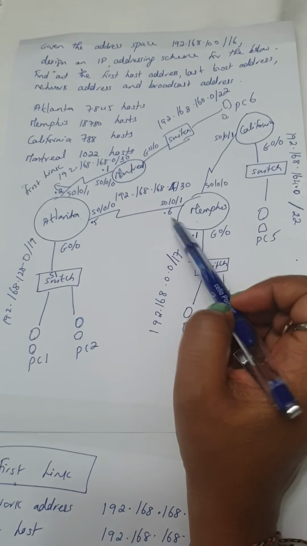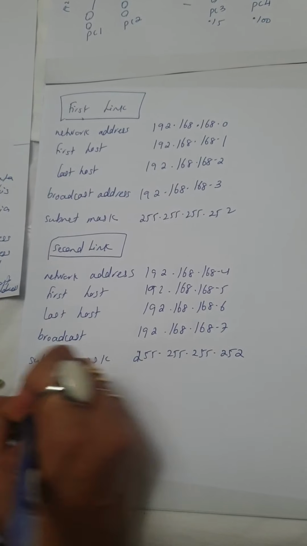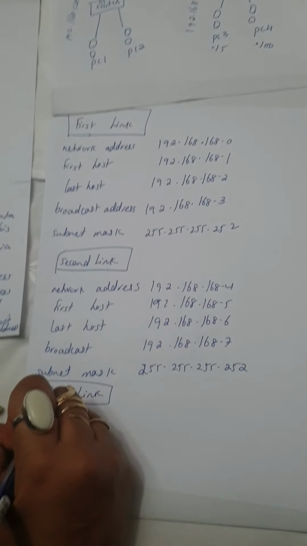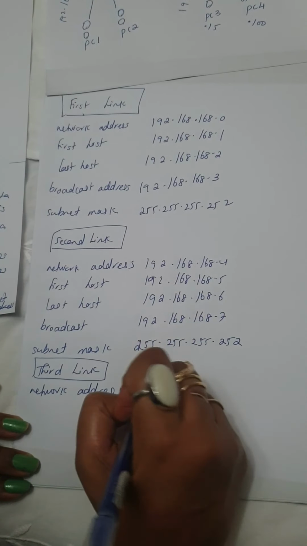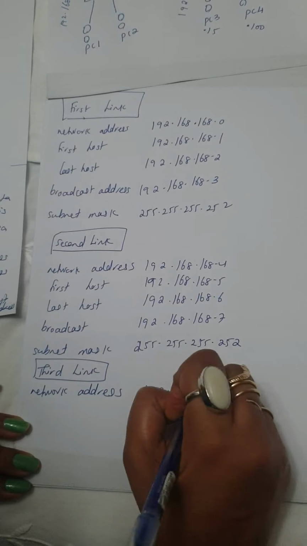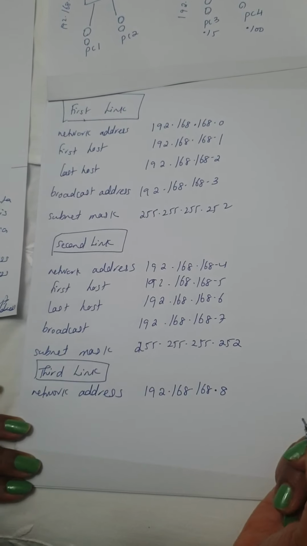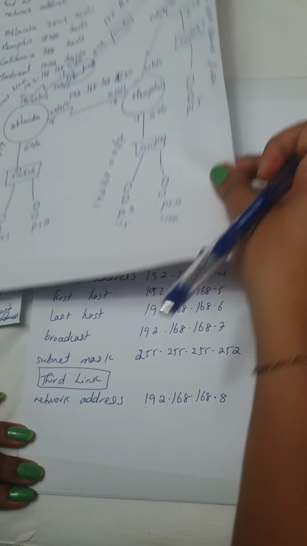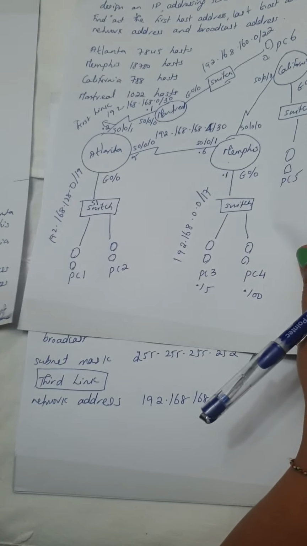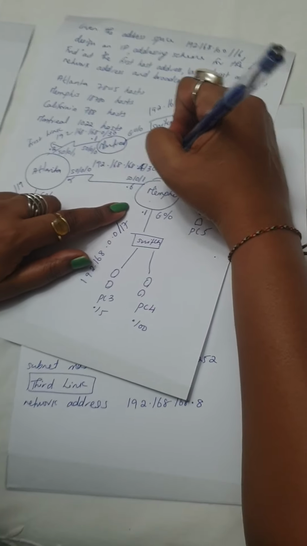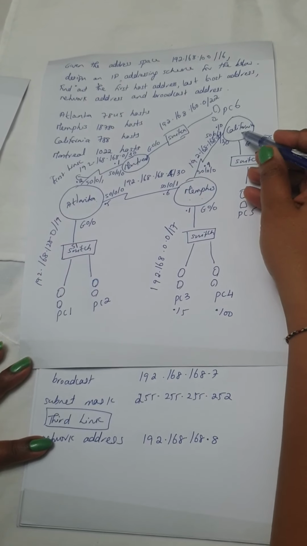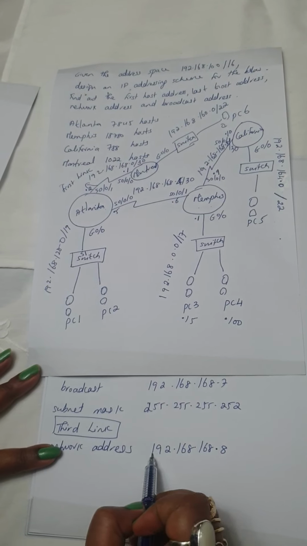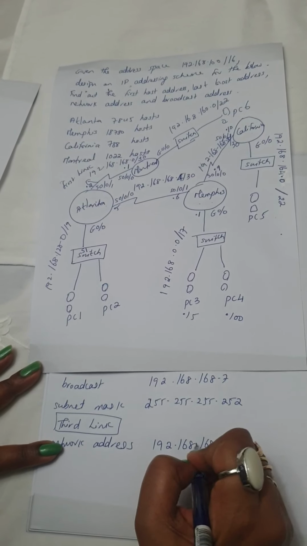Now we are left with Memphis and California, the third link. Again, the network address will be one after the broadcast here, 192.168.168.8. So the network address for the link between Memphis and California is 192.168.168.8.